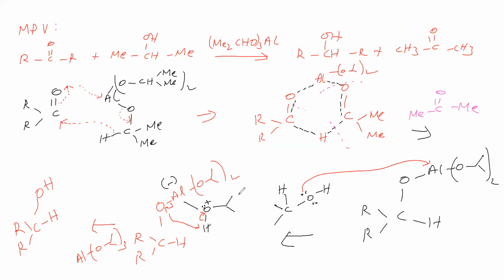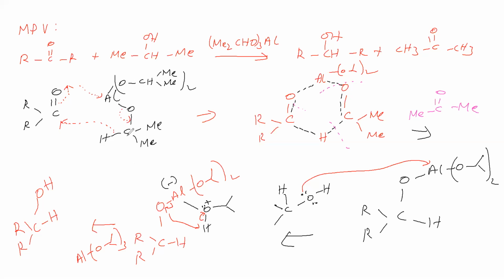So how the atoms are replaced, that we will see. In the carbonyl group, this carbon becomes CH in the product. This carbonyl group carbon gets hydrogen from where? Aluminum isopropoxide is the catalyst.